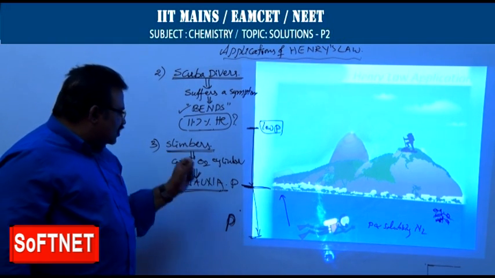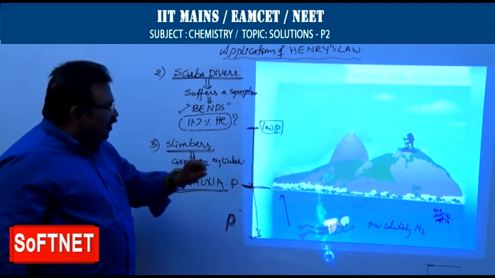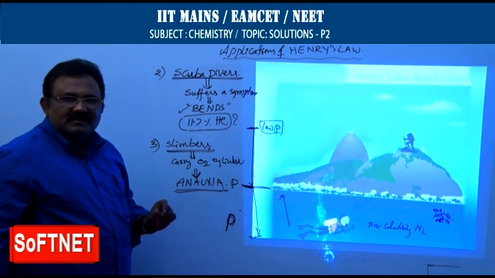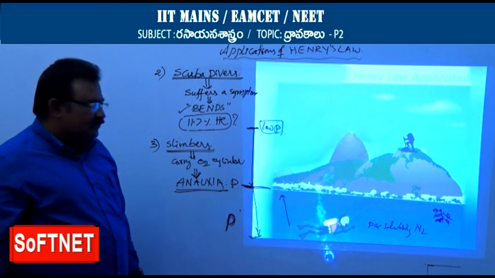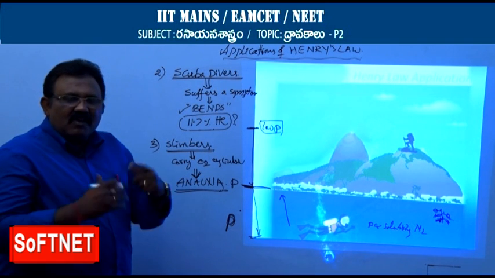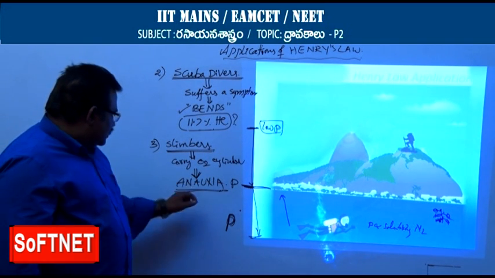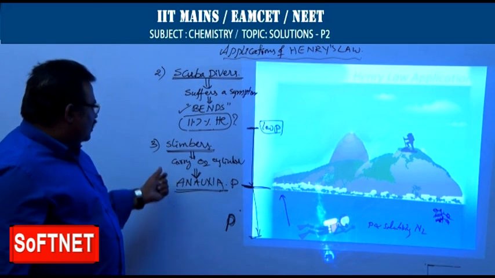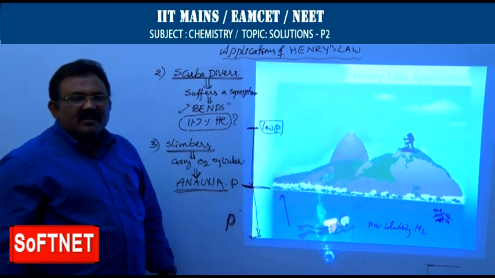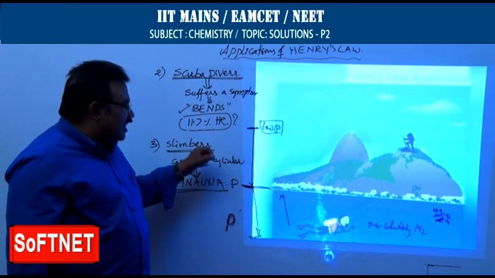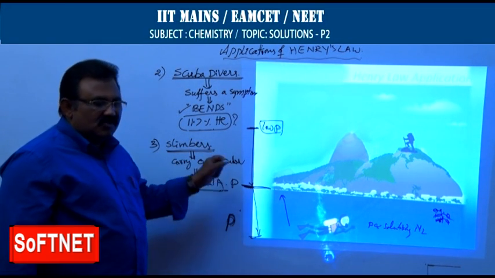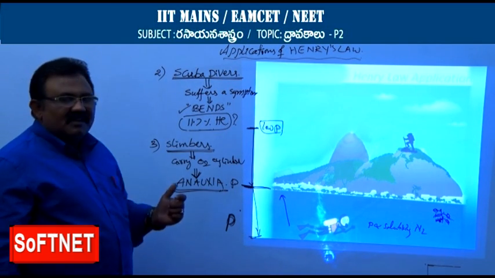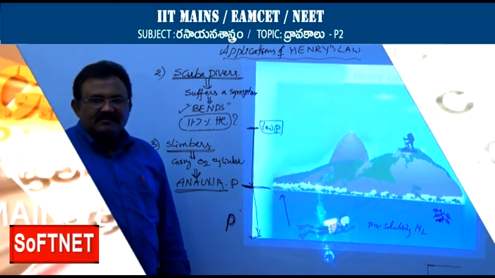Because of less solubility of oxygen gas in the blood, he will not think properly. Such a condition is known as anoxia. To avoid anoxia, an extra cylinder of oxygen must be carried with high pressure so that he will get rid of this. So, these three are the applications of Henry's law.